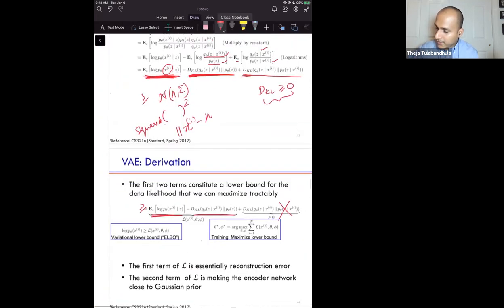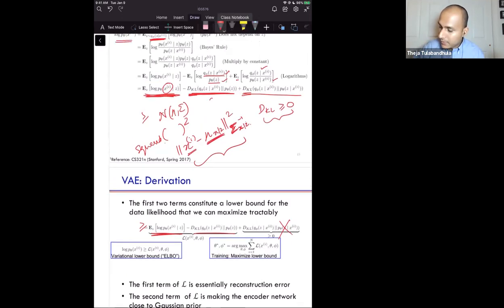Given z, this is exactly the mean, and your loss function, actually it should not be like this. It should also have sigma of x given z inverse. So your loss function will be something like this, and this looks like a reconstruction loss. If sigma is the identity, it is just the pixel-wise difference between the mean prediction and the ground truth. And this is the first term.